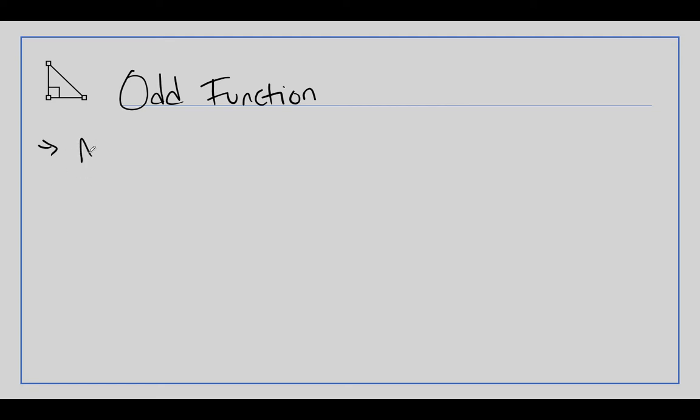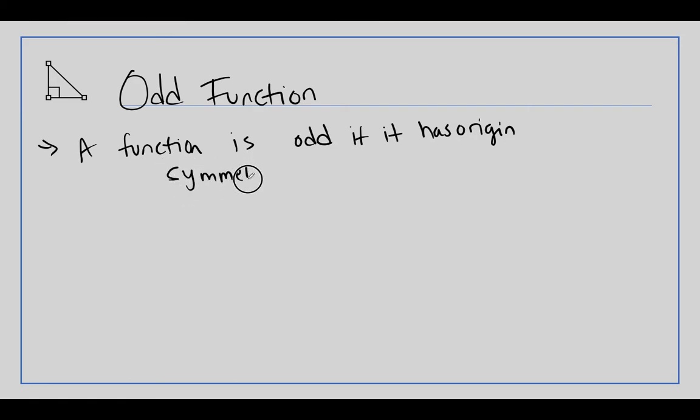So a function is odd if it has origin symmetry. Essentially, you want to turn it 180 degrees and you should have the same function. You should have the same graph.